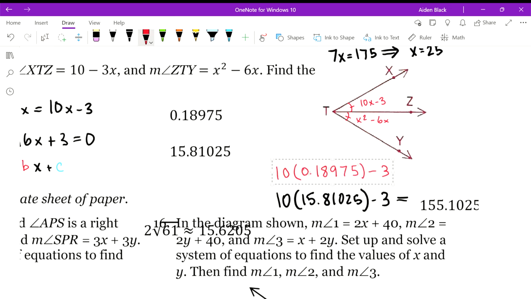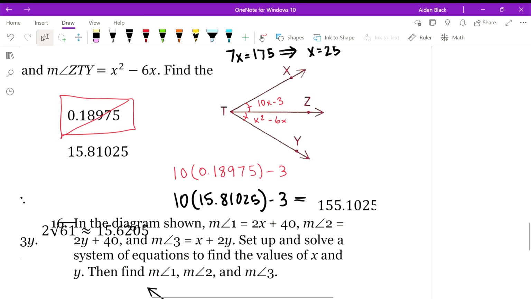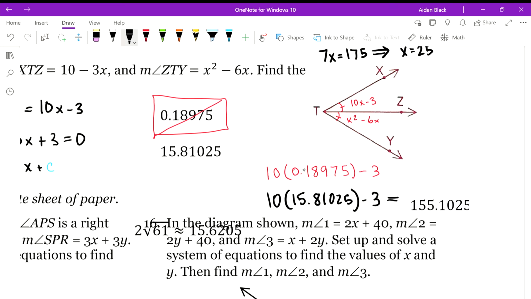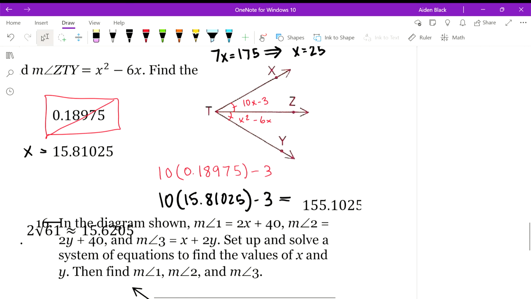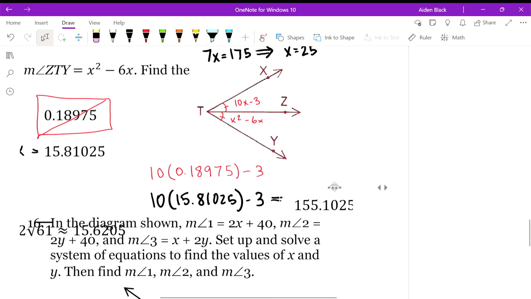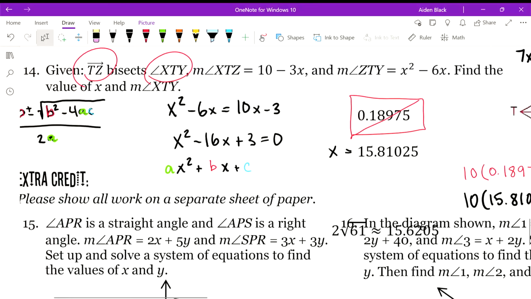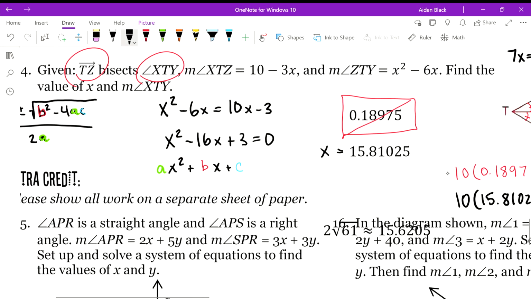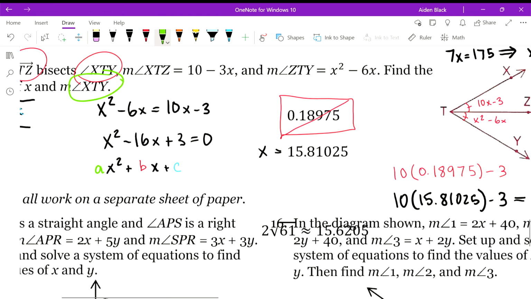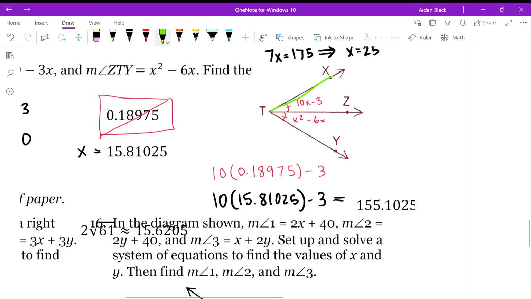Cross this one out. We're just dealing with x equaling 15.81025, in which case we know that both of these angles are 155.1025. And if we're trying to find the measure of angle XTY, which is this one, what should we do?